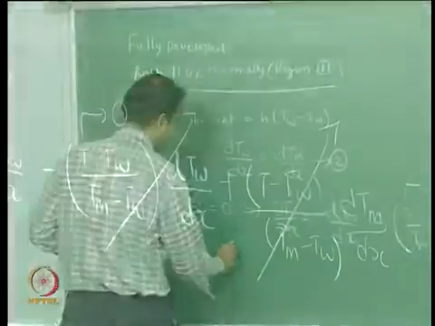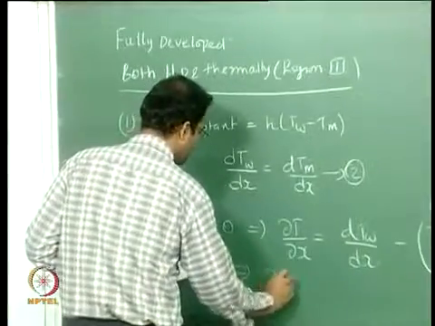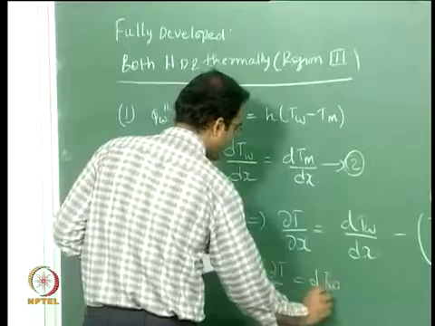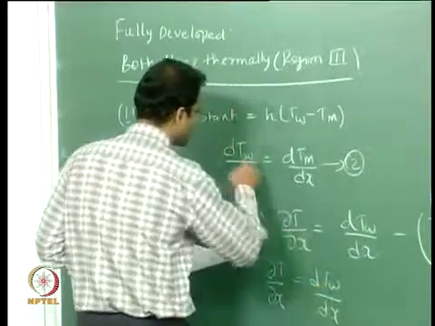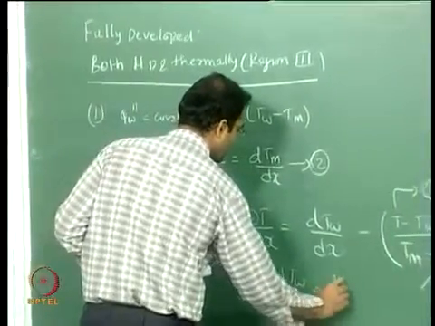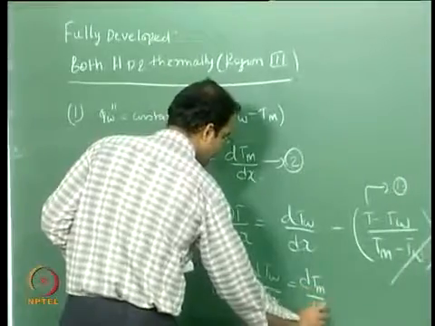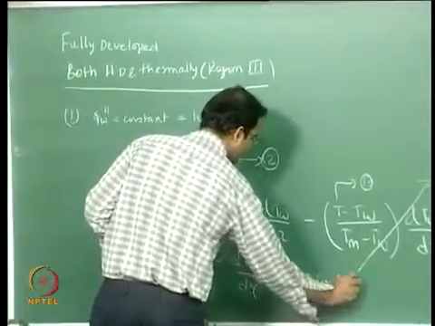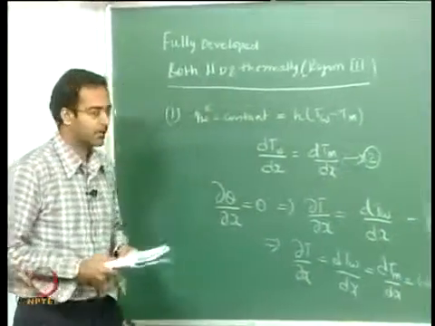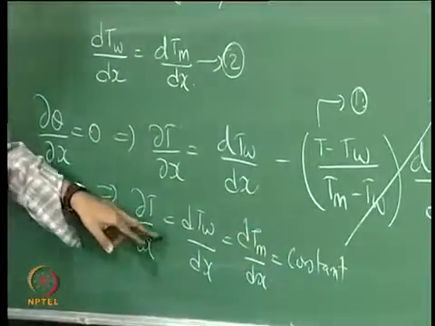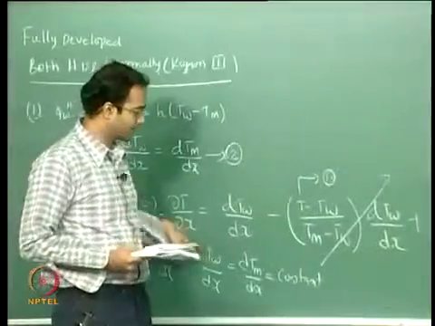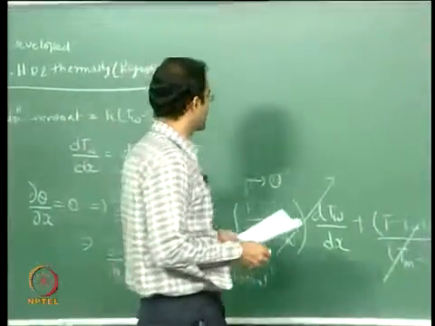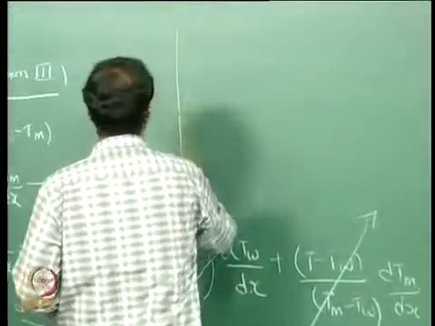Therefore you come to the conclusion that dT by dx should be equal to dT wall by dx, which in turn is equal to dTm by dx. And we have seen that this can be possible only if these are equal to a constant, because this is a function of both r and x, but these are only a function of x. So the slopes can be the same only if this is equal to a constant.